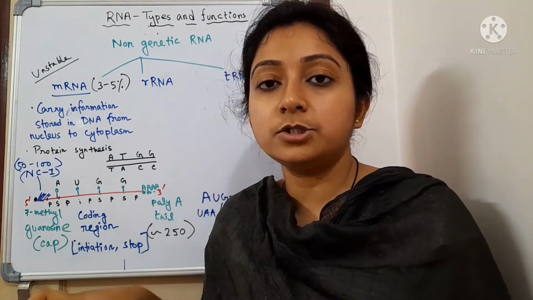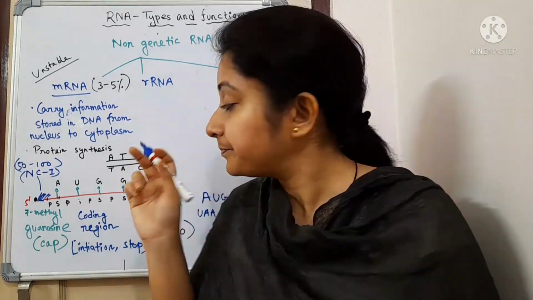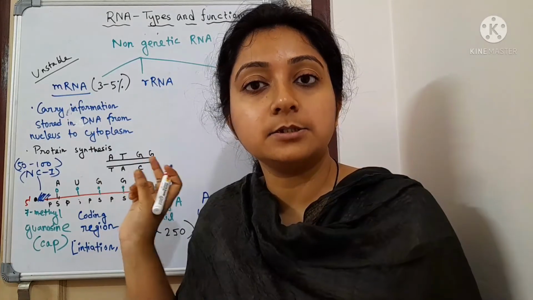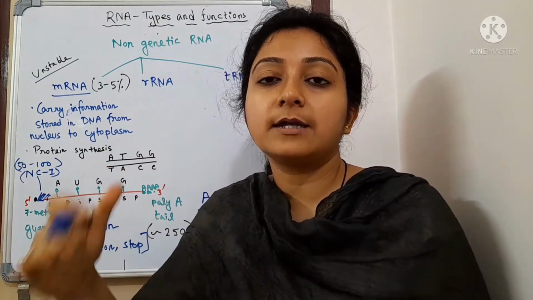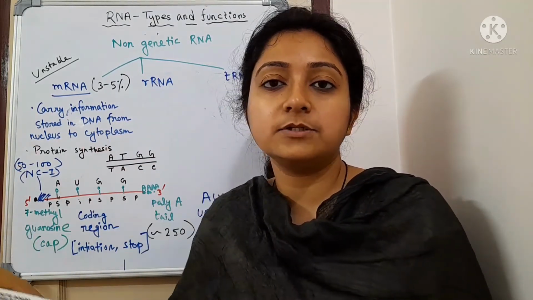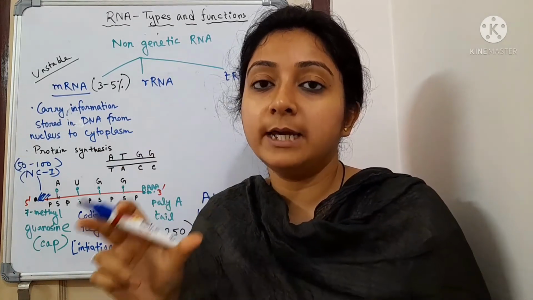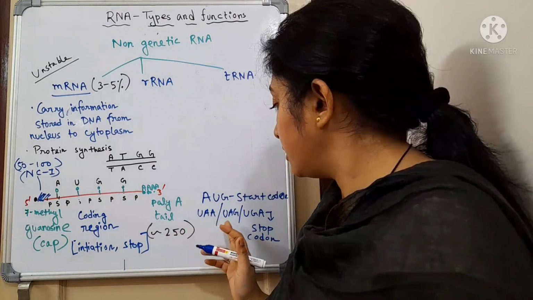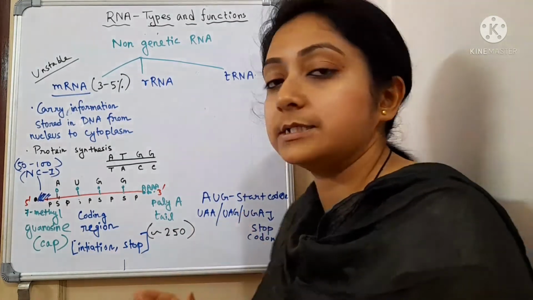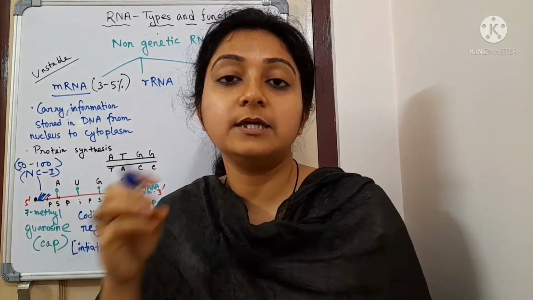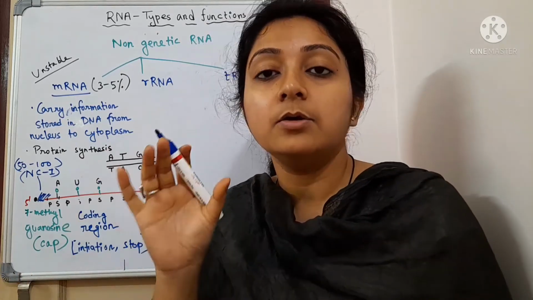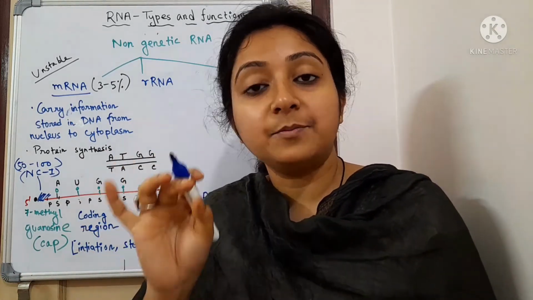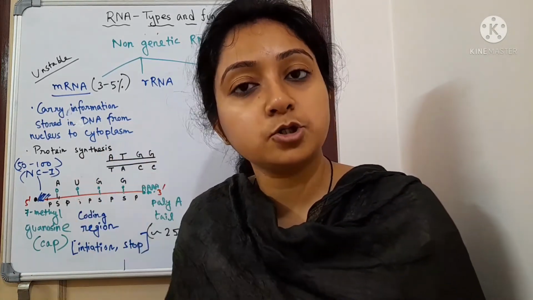After that, the coding region will start with the AUG sequence, that is the start codon, and right after that, several other sequences will come, that is the main coding region. After that, it will end with the codons UAA, UGA or UAG, which are the stop codons. That means where the protein synthesis has to be stopped.